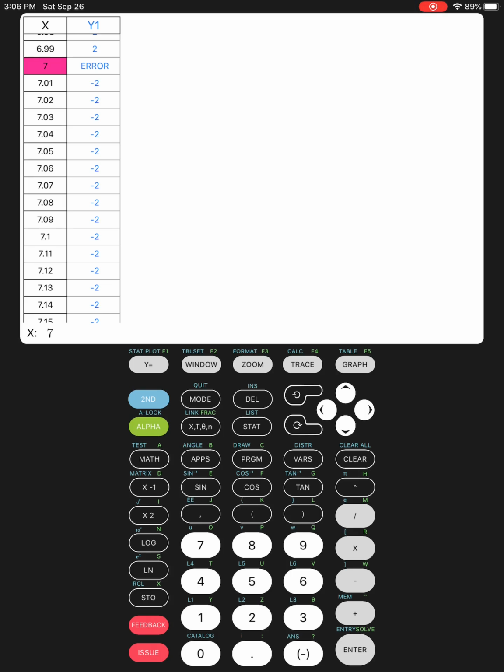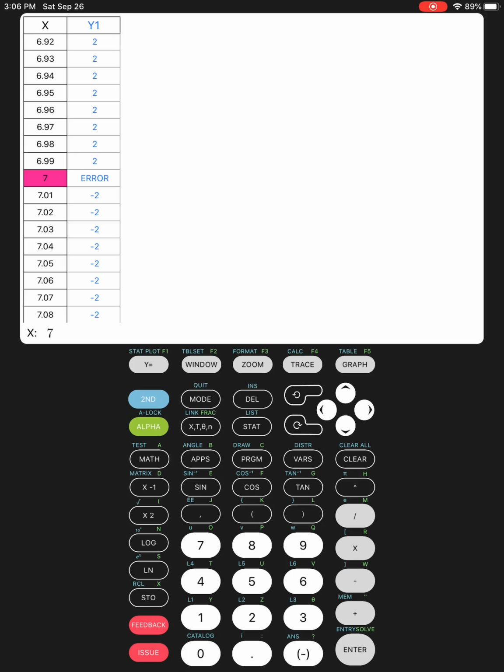Of course, we can't get anything when we plug x into 7. But as we get closer and closer less than 7, we appear to be stuck at 2. And as we get closer and closer more than 7, we appear to be stuck at -2.